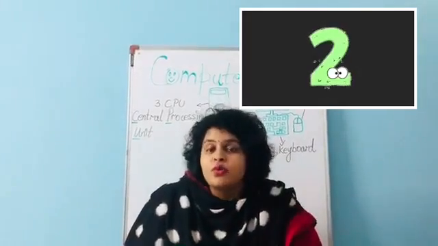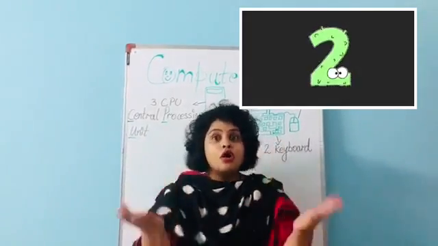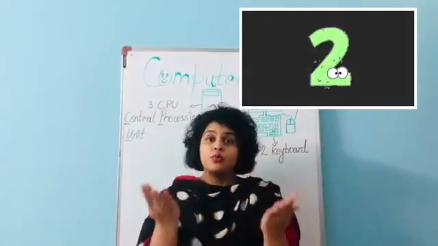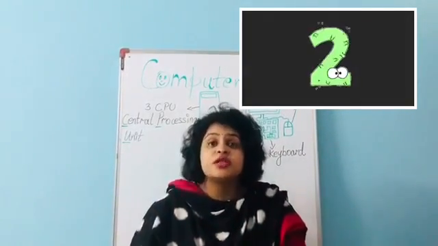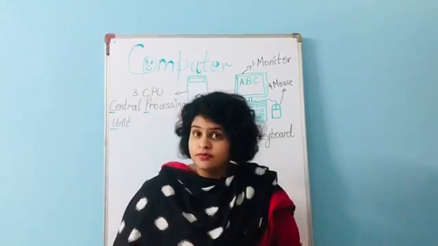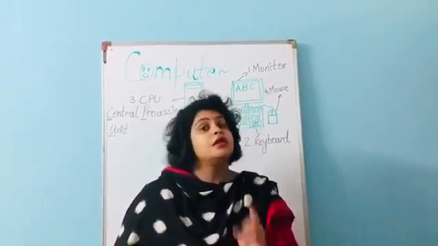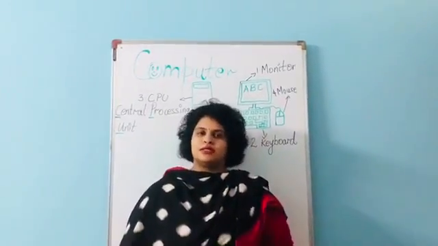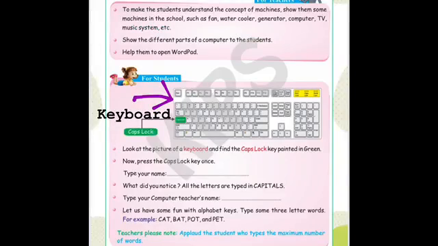Before moving forward, I want all of you to open page number 16 of your book. And you know what, kids? What is the picture that you can see? Do you know what that is? You don't know? Okay. Let me tell you. It is a keyboard.